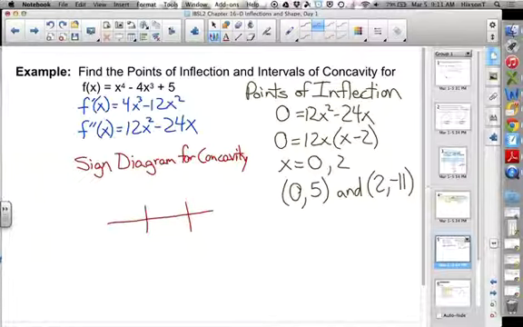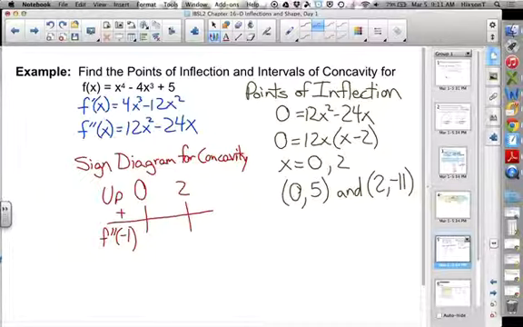So we're going to put 0 on here and 2 on here, and if we plug a -1 into our second derivative, f double prime of -1, we'd get 12 plus 24, positive 36. So that's positive, which means we are concave up.